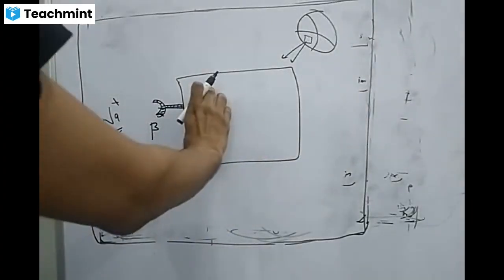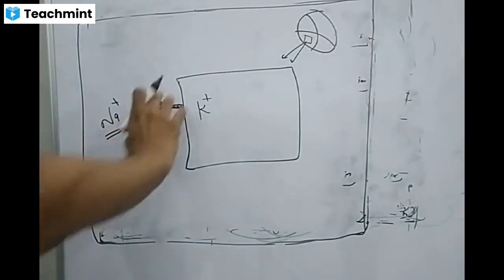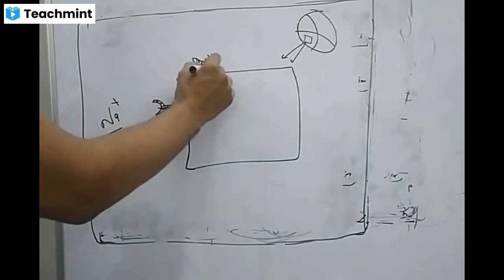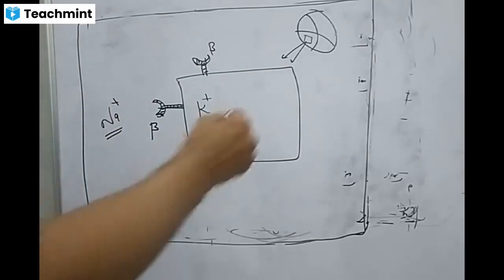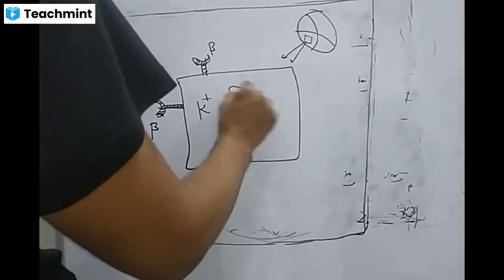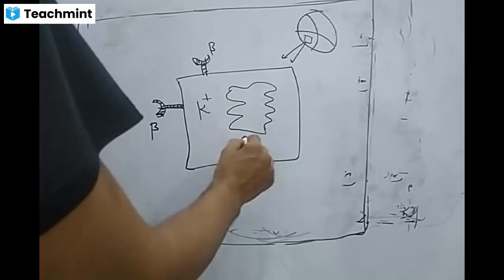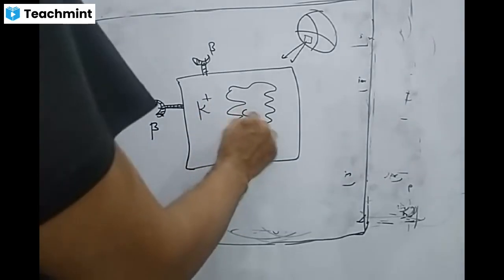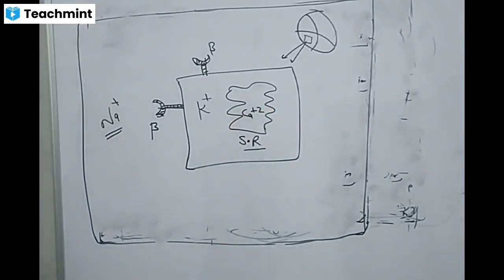Inside the cell we have potassium, outside the cell we have sodium, and on the surface of the cell we have beta receptors. If you go a little more inside the cell, we find the sarcoplasmic reticulum, which is filled with calcium.